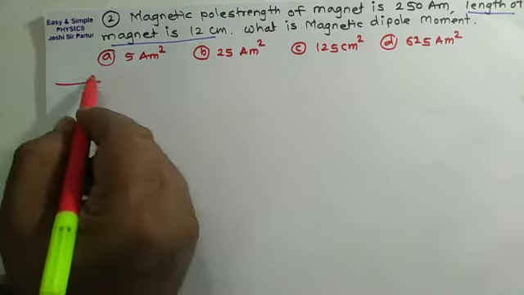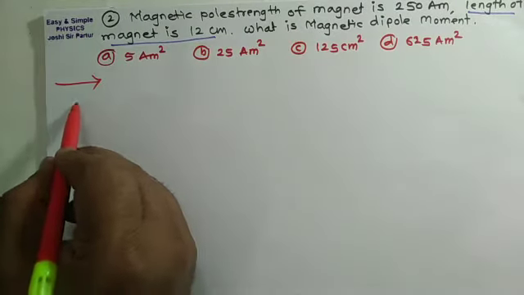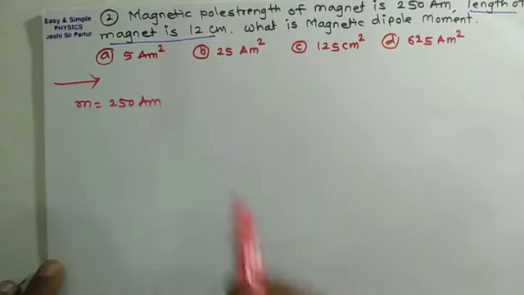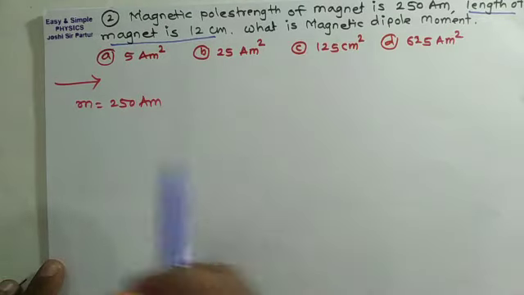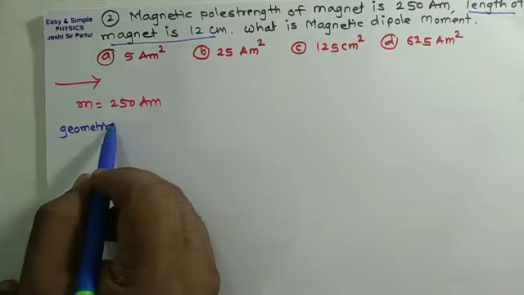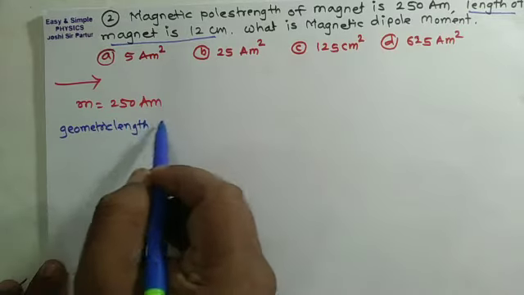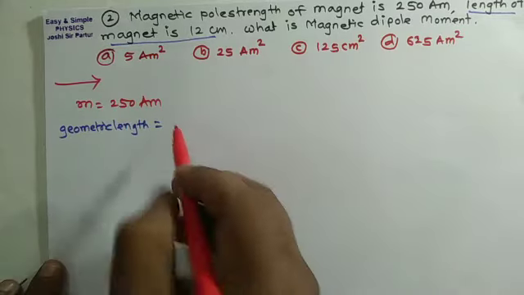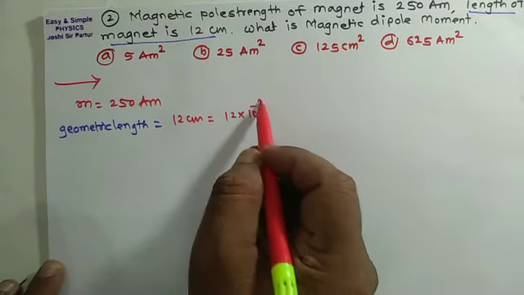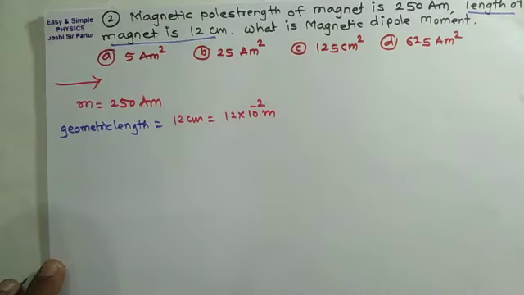So first we can write here magnetic pole strength will be 250 ampere meter. And here length of magnet is called the geometric length. Geometric length will be 12 centimeter, which is 12 multiplied by 10 raised to minus 2 meter.